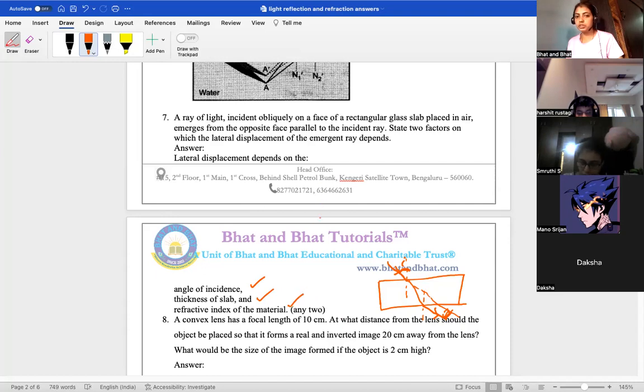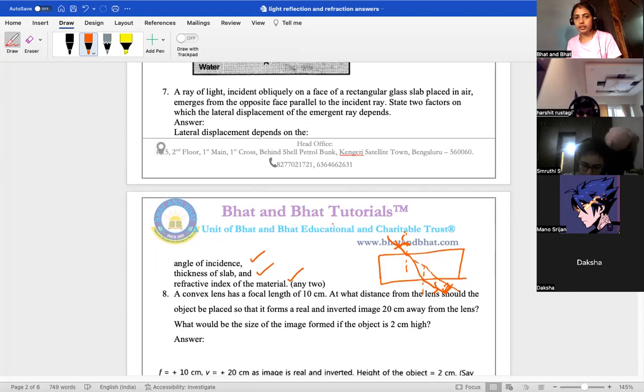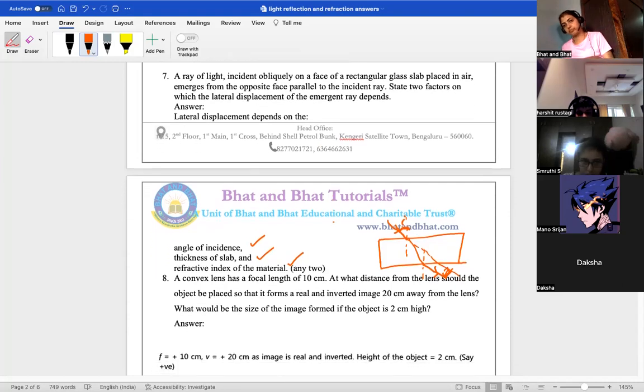Here in the question they have asked only two factors. I have given all the three factors which are there. Done. Shall we go to the next question?